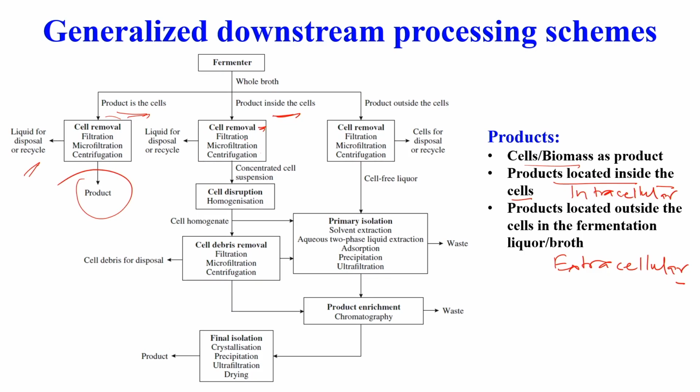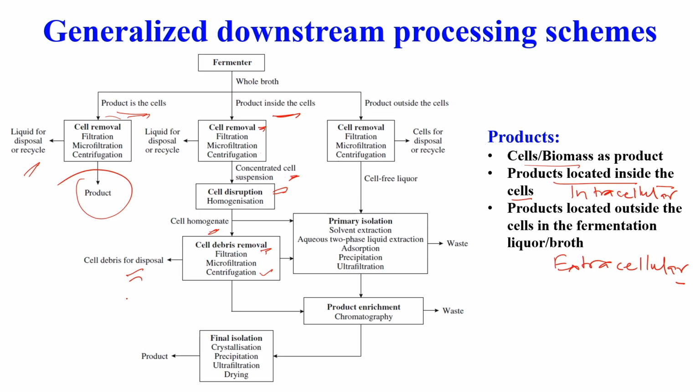By these methods you remove the cell, then you have to go for the cell disruption. For that homogenization is a common method, and then the homogenate you will be going for the removal of solids like cell debris removal. The same methods you can apply: filtration, microfiltration or centrifugation.